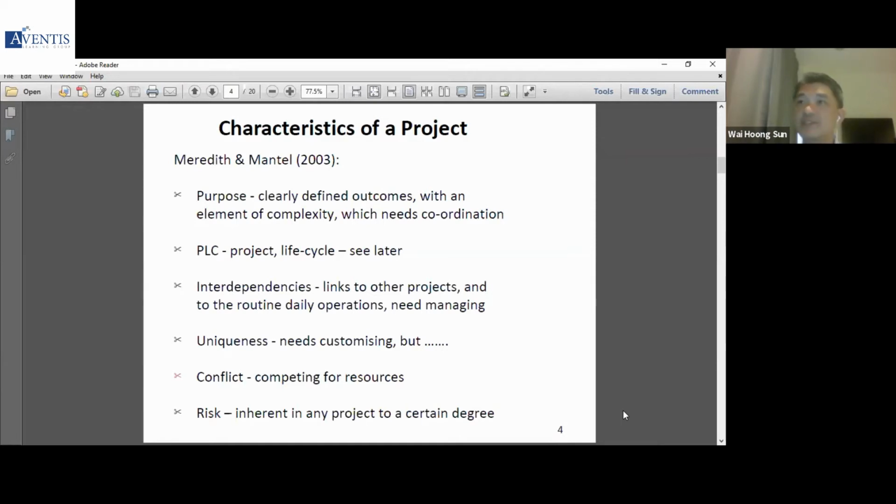But there's always risk. It's just whether it's high risk, medium risk, or low risk. So if it's high risk, obviously you want or the company will want a higher return on a project, right? If it's a lower risk, then you can make do with a lower return. But there's always risk in any project. So that you have to keep in mind.